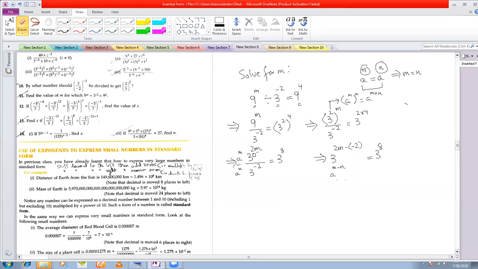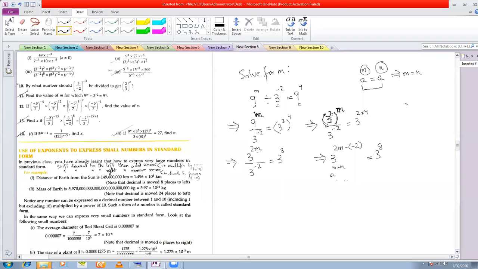Yes, sir, but a little problem. Tell me which step? Sir, only the second and third step. The step that I just explained. See, 9 can be written as 3 squared whole to the power of m, because the power of m is there.